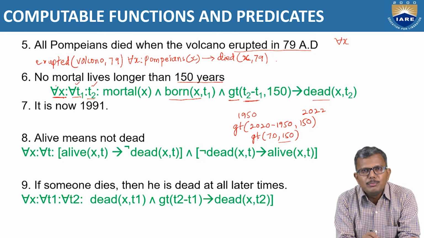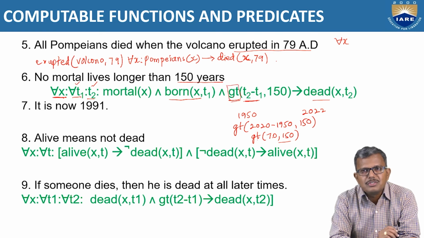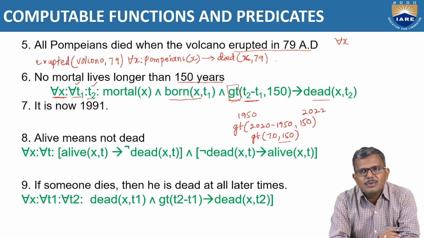So whenever I want to prove that no mortal lives longer than 150 years, definitely I have to use these kinds of functions. That's why we are calling GT a computable function. Whenever you want to compare values, or get the difference between two time periods, you have to use computable functions here.